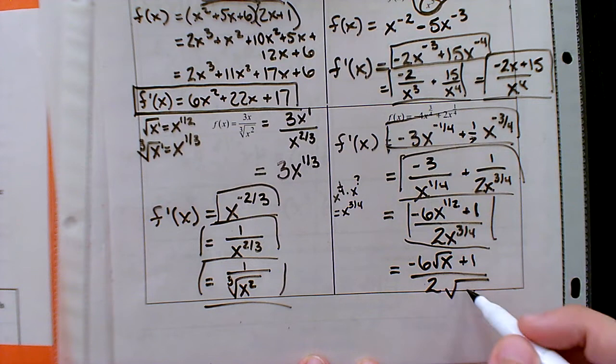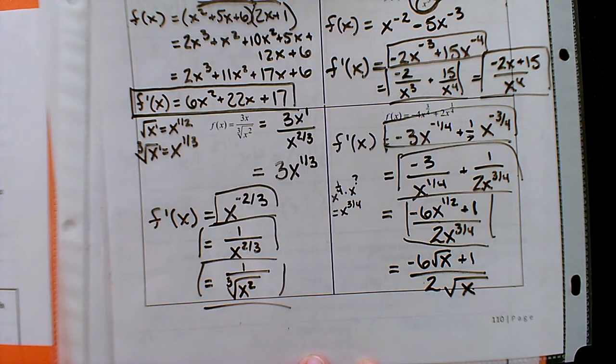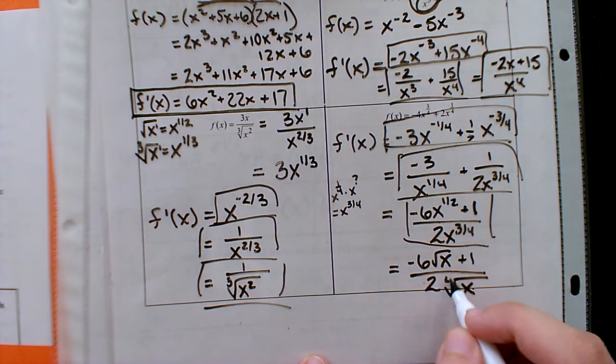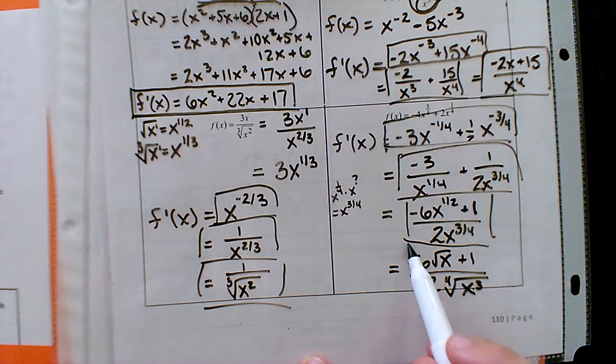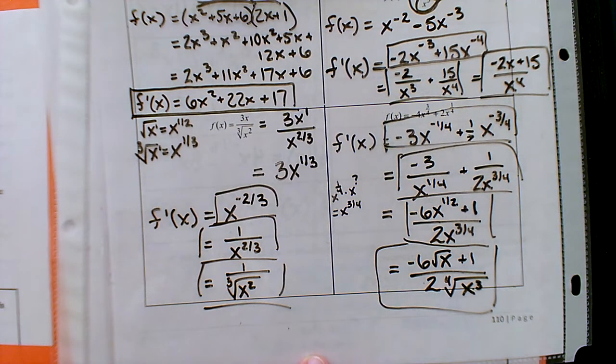What type of root do we have, and what's the power on the x? What do we think? 4th root, x to the 3rd? Yeah? Alright, all 4 of those are the same derivative. They just look different each time.